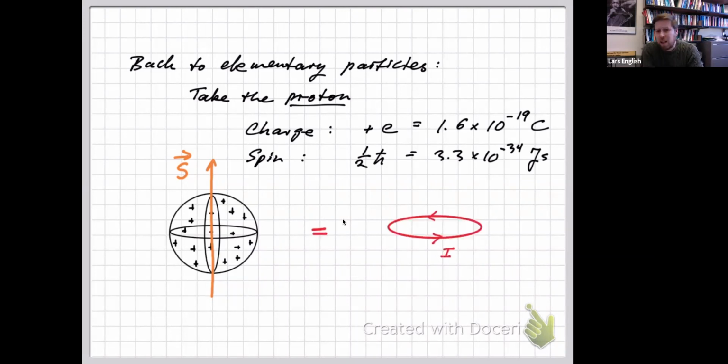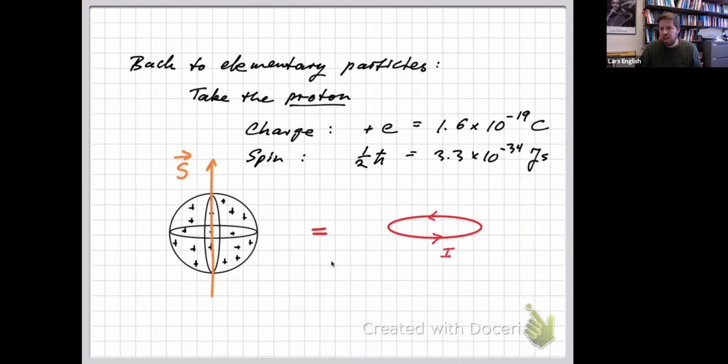And you can see that that is now going to be equivalent to a current loop. We have all these charges now going around in a circular motion. These ones on top here perform smaller circular motion, smaller radii. But here at the equator of that sphere, we get a fairly large radius of circular motion.